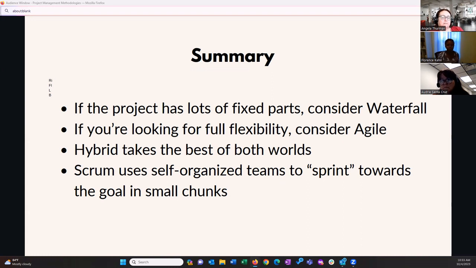With agile, it's all about flexibility. Let's say, and I'm just going to use this very standard example, that your goal in agile is to build a car.